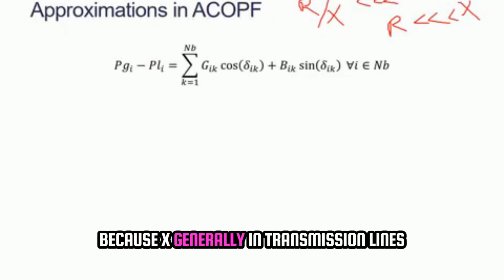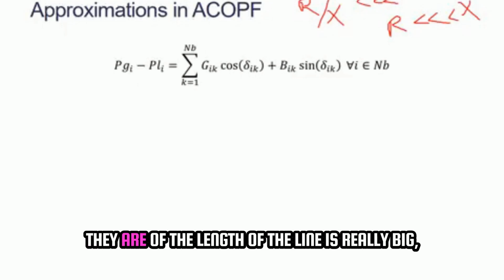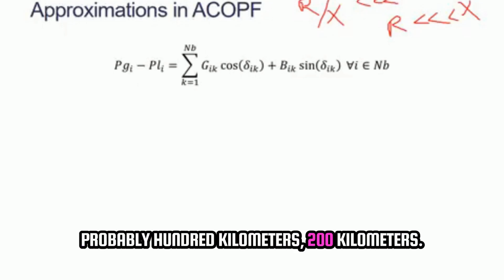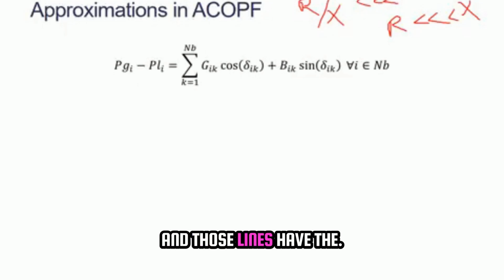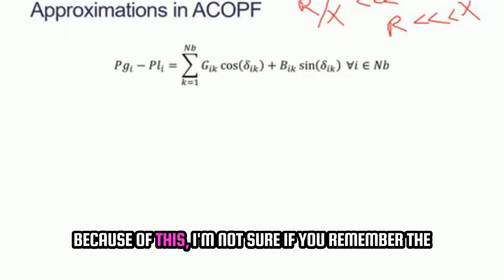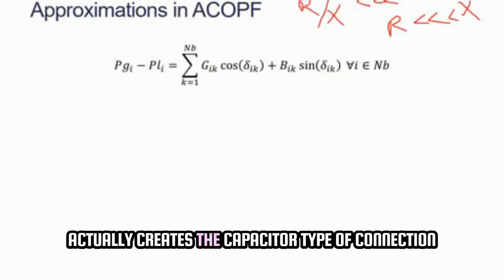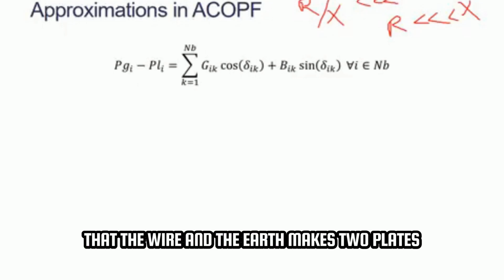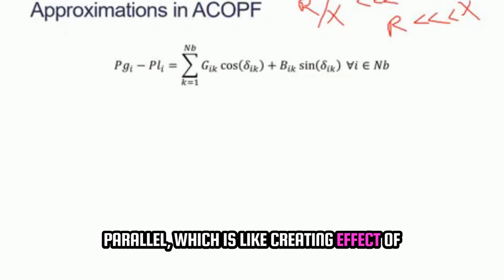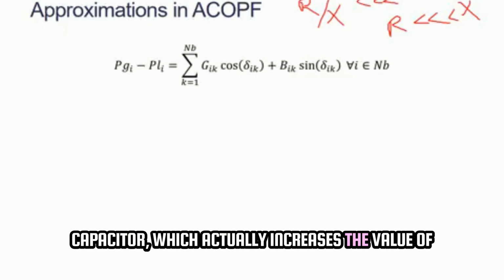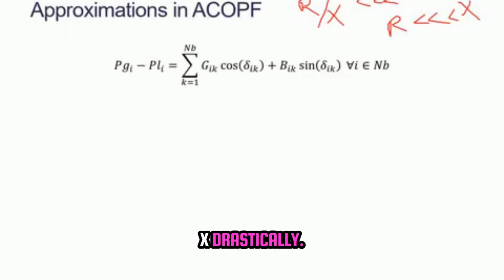Because the length of transmission lines is really big, probably 100 kilometers, 200 kilometers, and those lines have, because of the GMD or GMR concept, the effect of the earth creating a capacitor type of connection, where the wire and the earth make two parallel plates, which increases the value of X drastically.